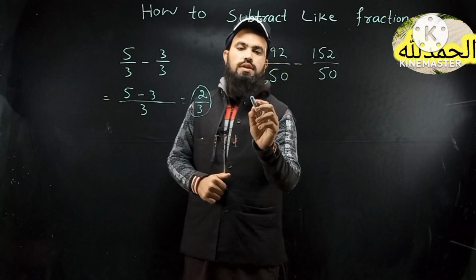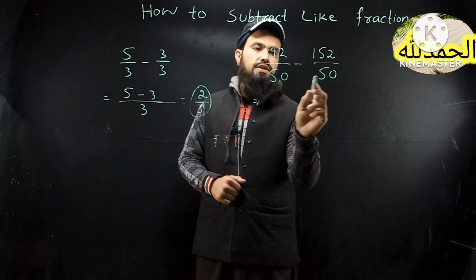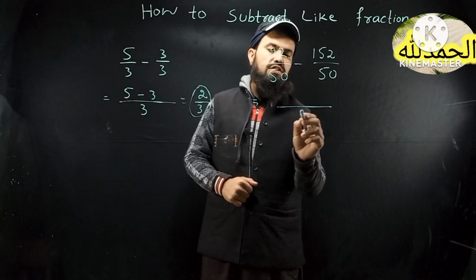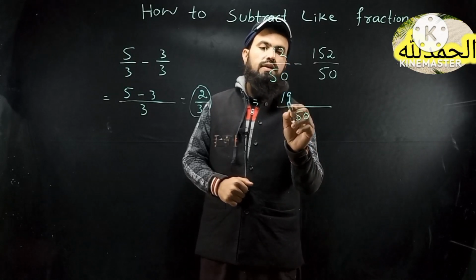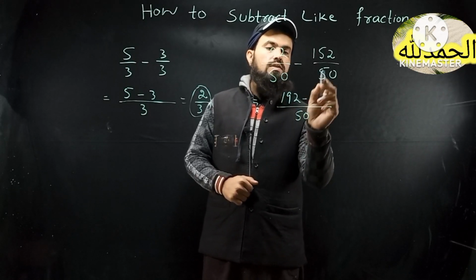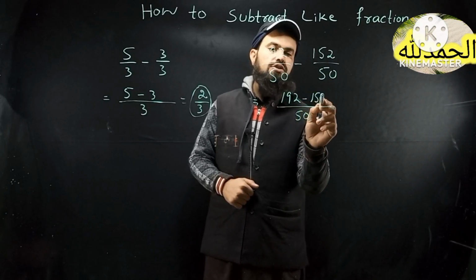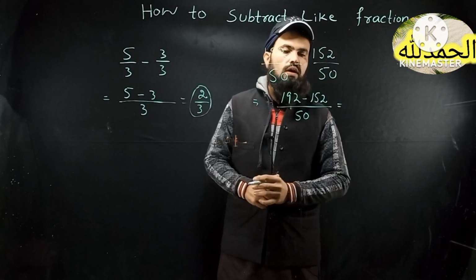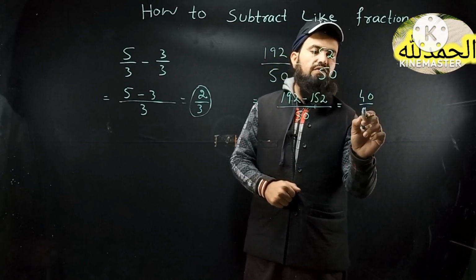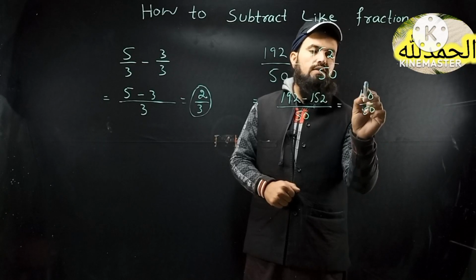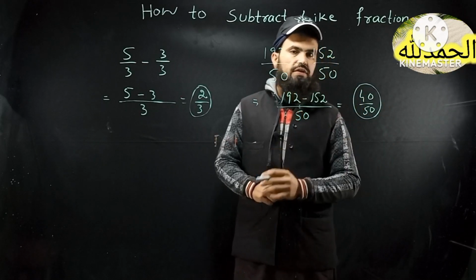So the solution is here, the LCM is 50. We take the LCM as 50. 152 subtracted from 192. So our answer is 40 over 50. Our answer is very simple, 40 over 50.